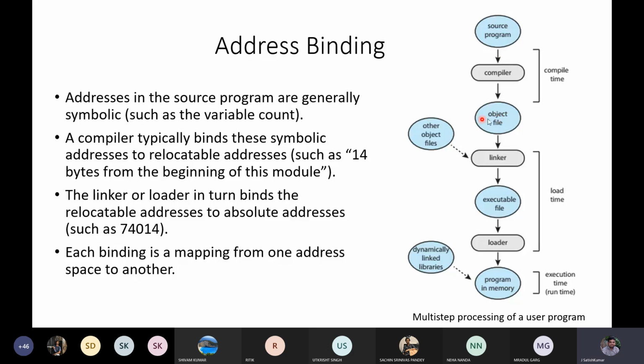These object files are linked with other required object files via a linker. Okay, this is the compile time. The linker will connect the object file based on the source program and other necessary object files, and convert that into an executable file, exe file.